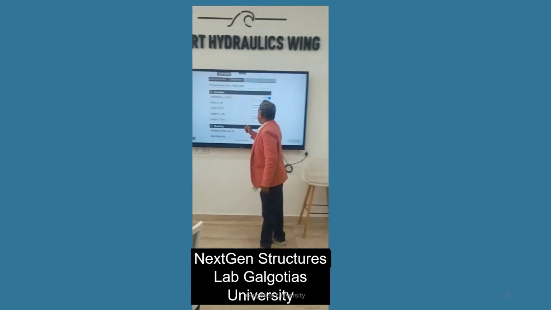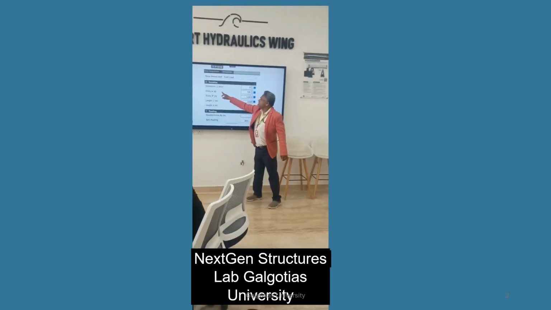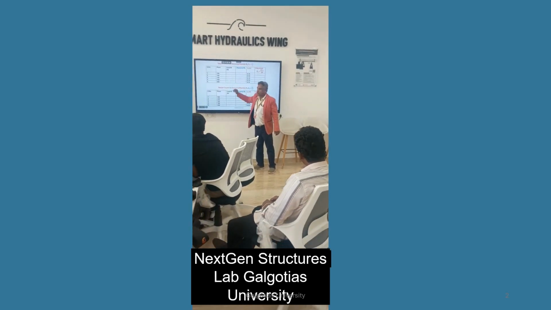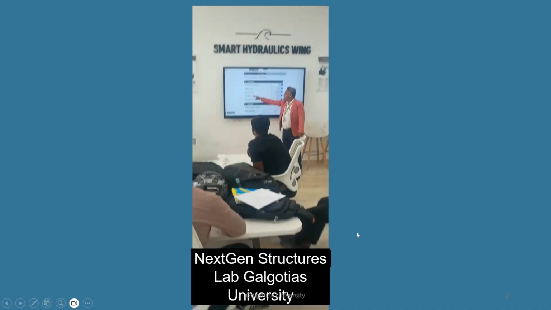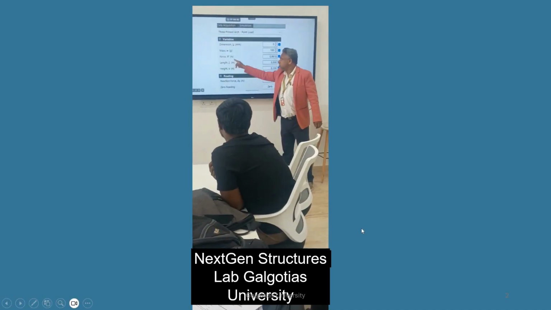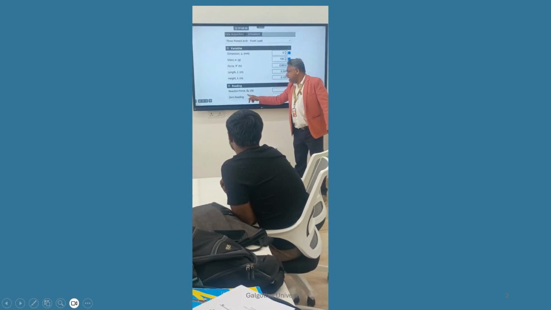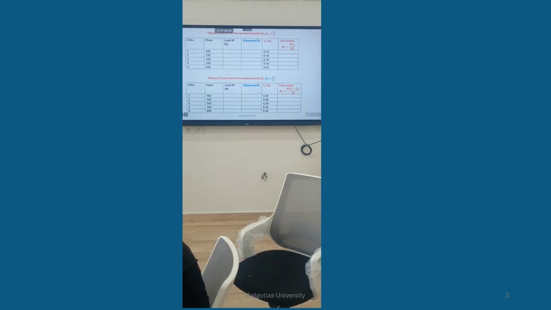Okay, then you have to substitute here the value of LA in millimeters. Then you substitute the value of mass in grams, force, length, and h, everything. Then finally the load is explaining about the theory behind the three-pin arch, the students will do the manual calculations to find the horizontal reactions.